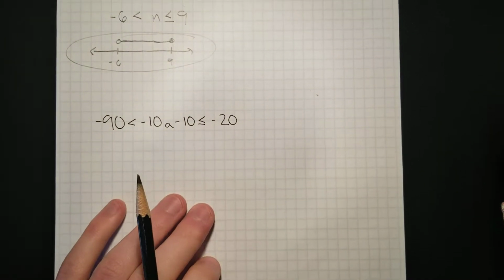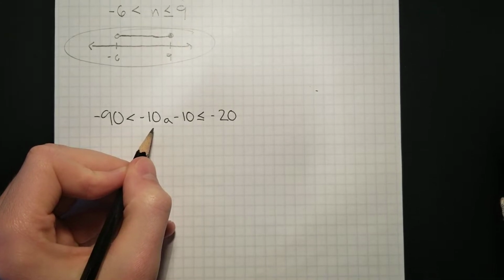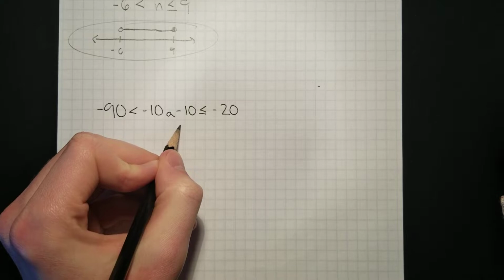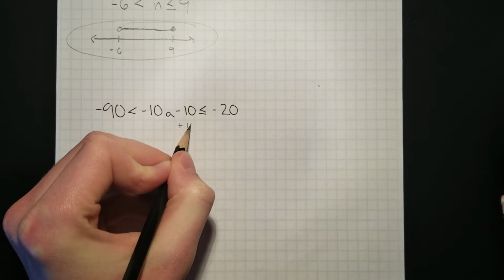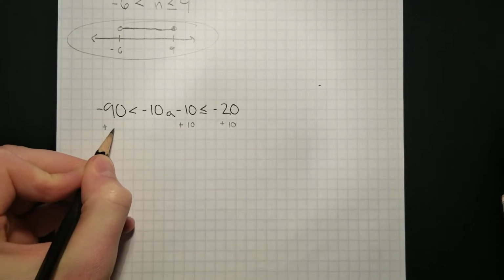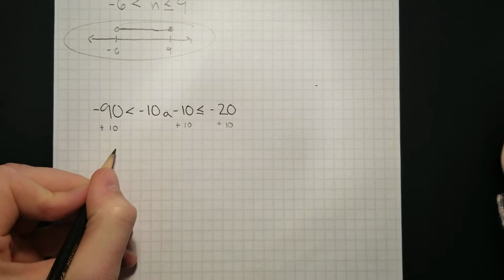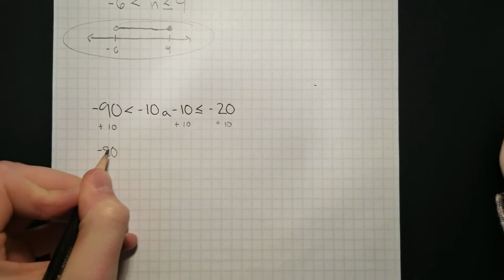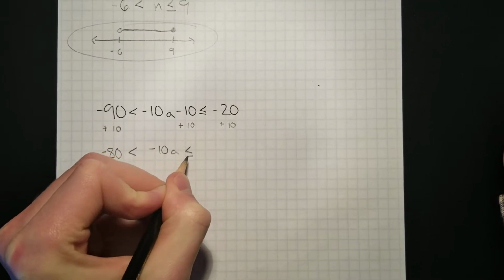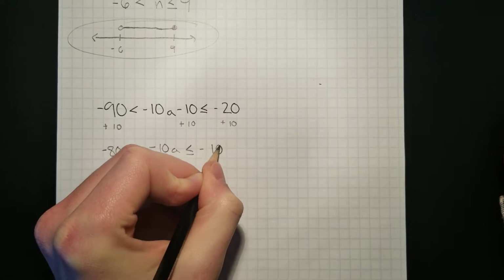We're going to do another example kind of like that one. This one has a negative in front of the variable, so it's going to be a little bit different, but not a whole lot else is. First step, we're going to add 10 to all three sections. So negative 90 plus 10 is negative 80, less than negative 10a, less than or equal to negative 10.